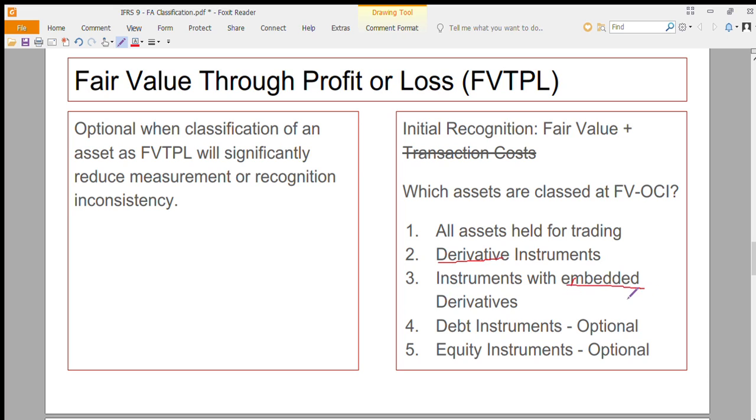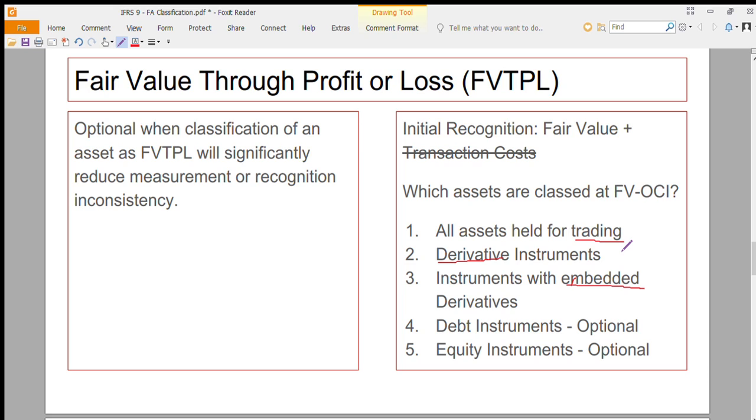These two assets should be classified as fair value through P&L. There is no choice. And 3, if you buy an asset for the purpose of trading, that is, you buy an asset to sell it back in a very short period for profit, then that asset should be classified under this category, fair value through profit or loss.